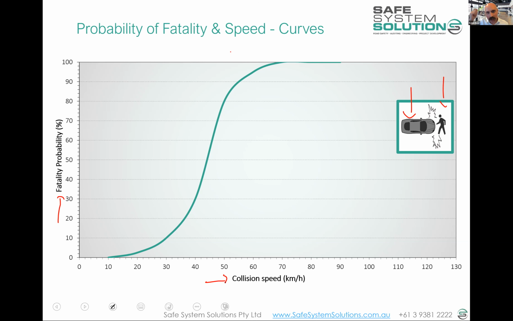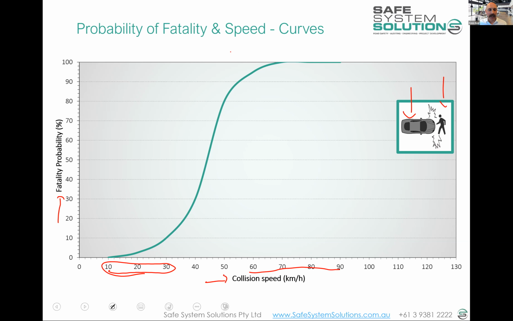Now, collision speed, not speed limit, not 85th percentile speed, just collision speed, speed of impact. And we see there that around the 10, 20, even 30 kilometre per hour, it's highly likely to be survivable for the pedestrian. Yet up at sort of 60, 70, 80 and beyond, it's highly likely to result in death for the pedestrian.